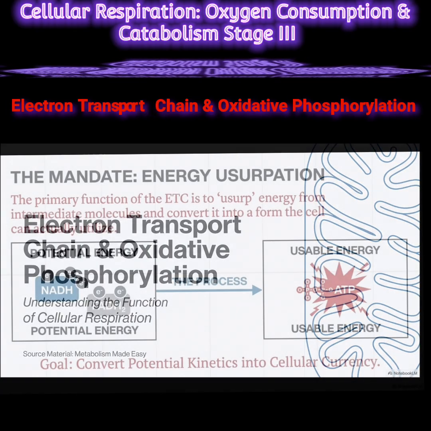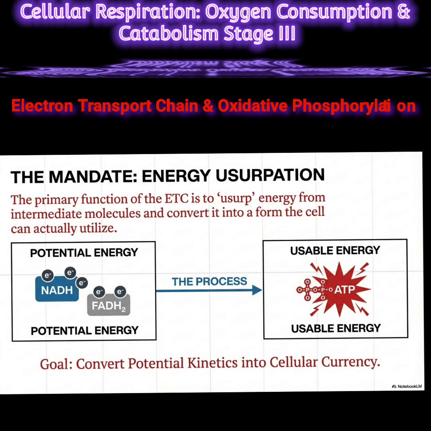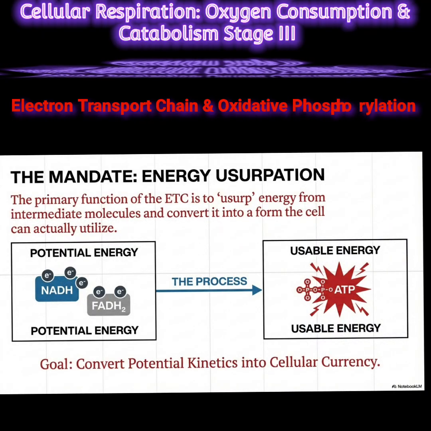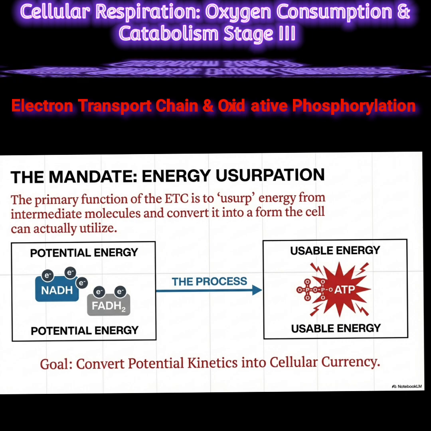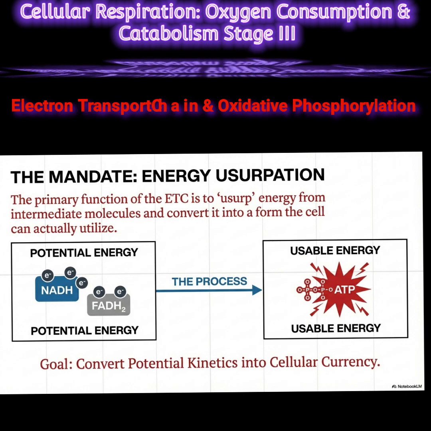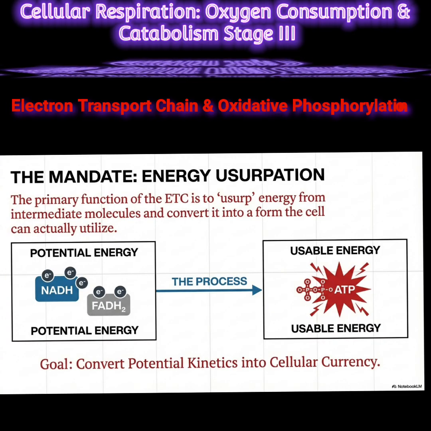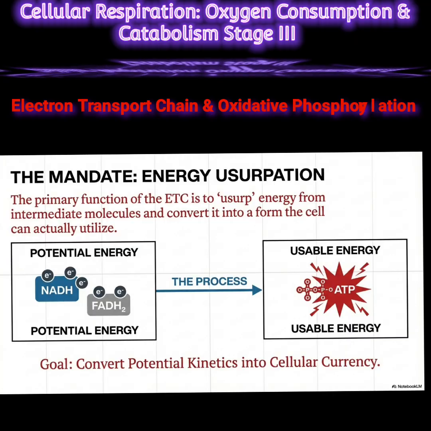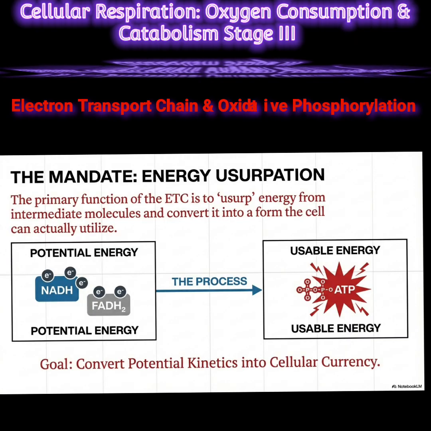I'm going to tell you the function if you can't answer it. The function is to take all these high energy molecules produced in the course of catabolic processes like pyruvate dehydrogenase, the TCA cycle, producing NADH and FADH2.